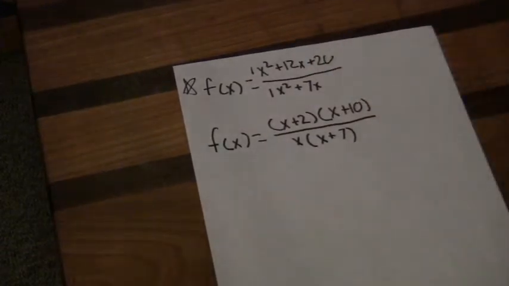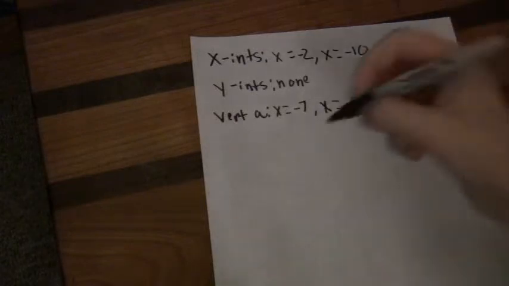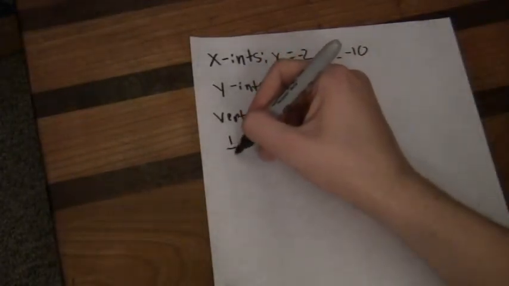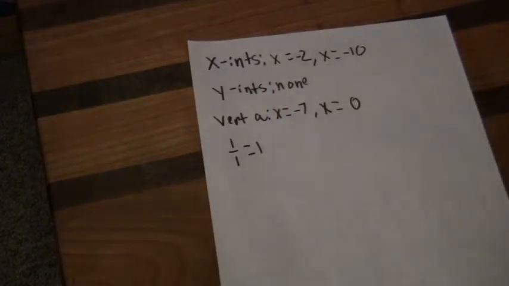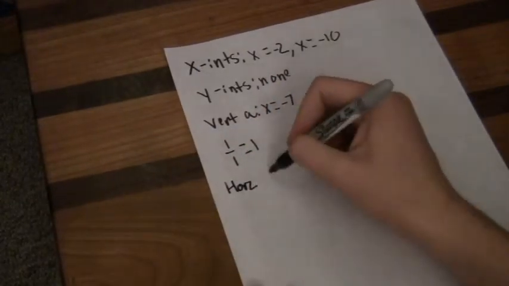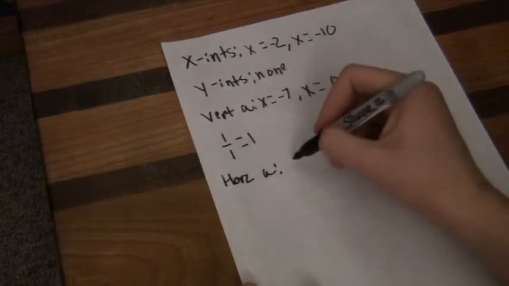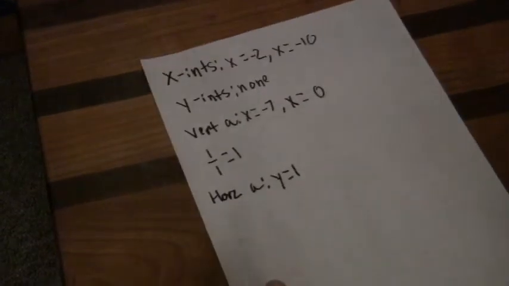Since both coefficients were 1, you've got 1 over 1, which is just equal to 1. So, because of that, the horizontal asymptote is at 1.